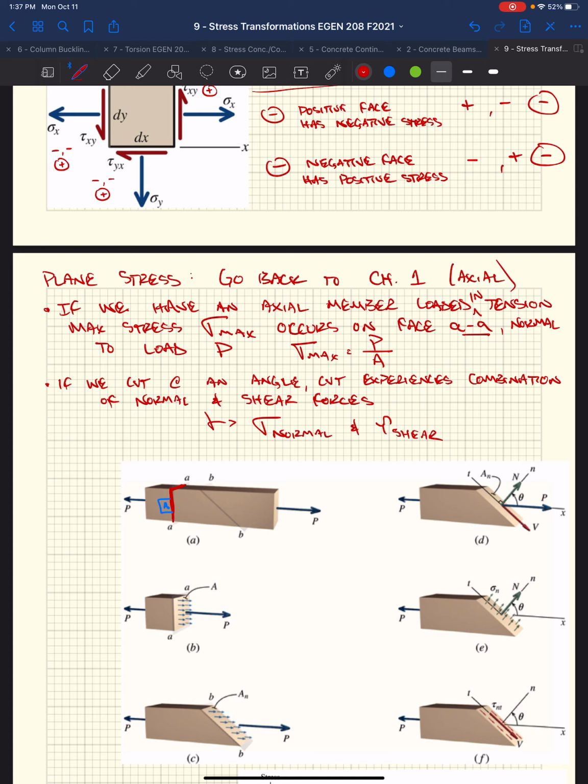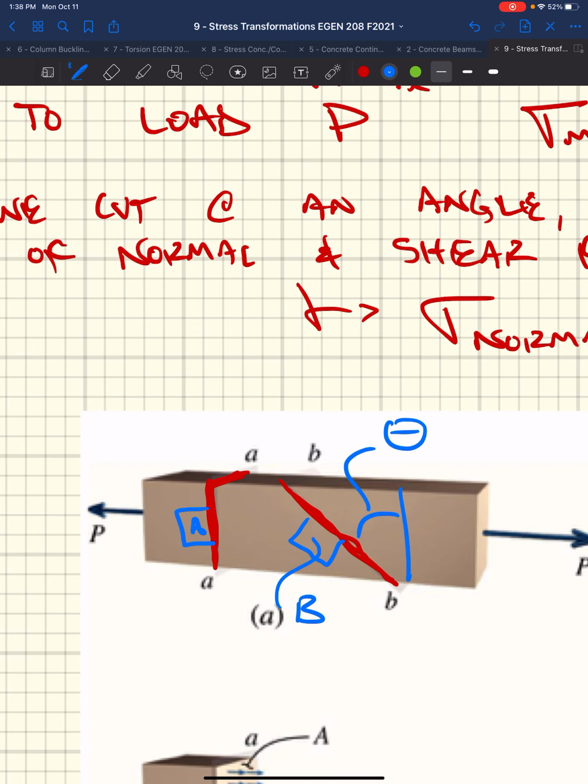So we cut this member at an angle, had this angle theta. We might call this new stress block we're looking at B, stress block B, oriented along this cut plane. We want to figure out what kind of stresses are happening on this cut plane. So in order to do that, we oriented a stress block that would go onto it.